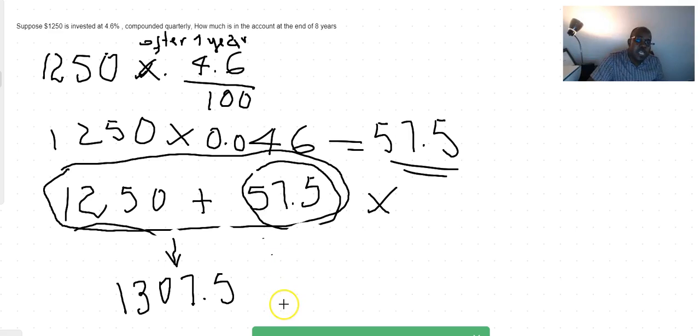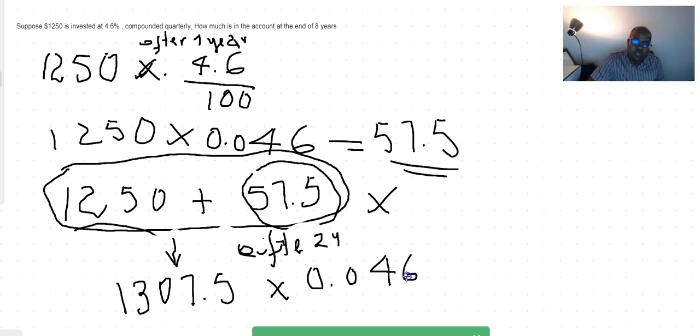You understand? Which means after the second year, it's gonna be the same interest rate times the new capital, times 0.046. This gives me the interest.